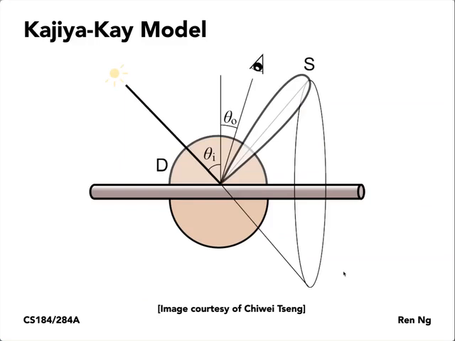A first attempt, a very important research attempt to model this, was the Kajiya-Kay model. They made some interesting observations. For example, if you consider the fiber to be a very, very skinny fiber, and you consider light coming down that happens to reflect off that fiber, then if the material is glossy it will reflect in a glossy lobe, as you can see depicted here. But if the fiber is very tiny, this ray of light can strike anywhere around the roundness, the circumference of this cylinder.